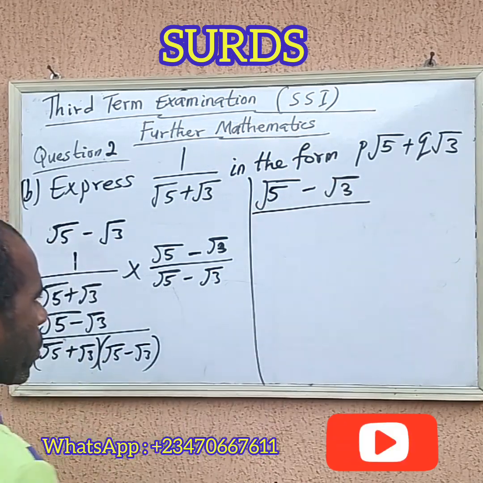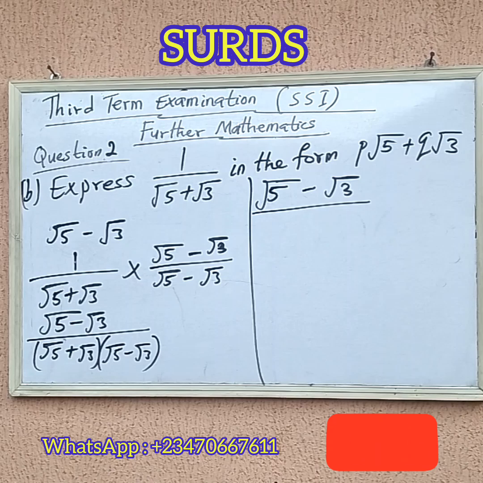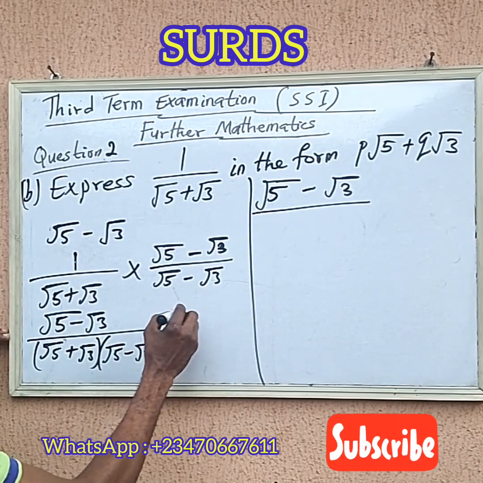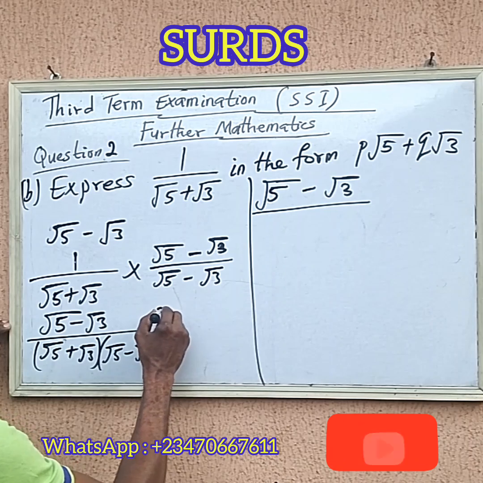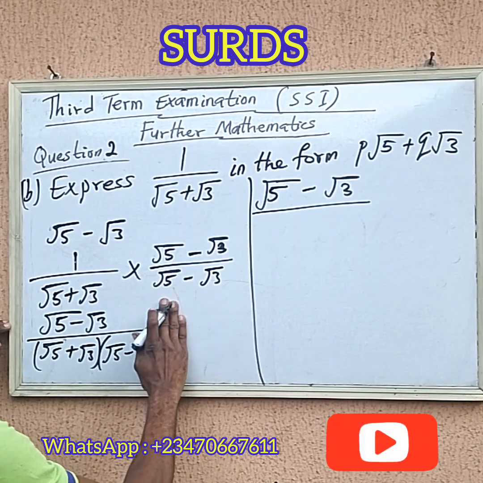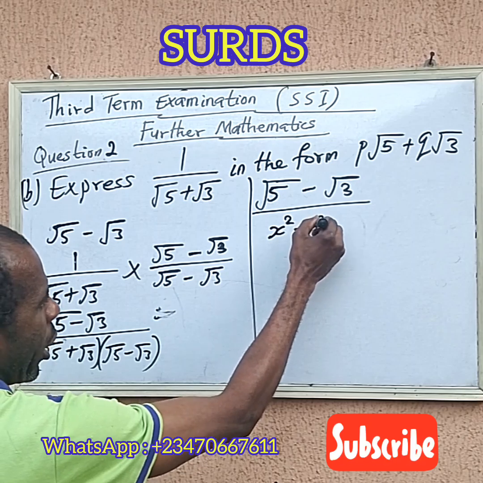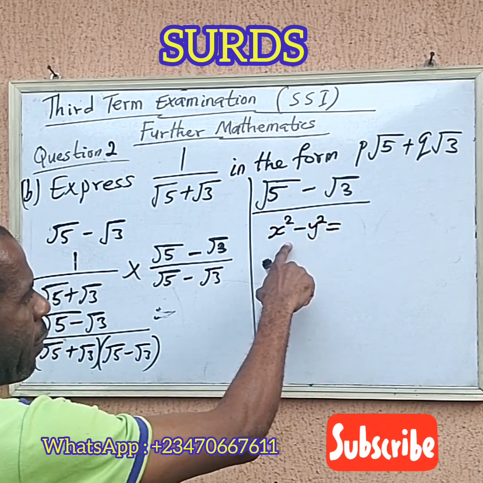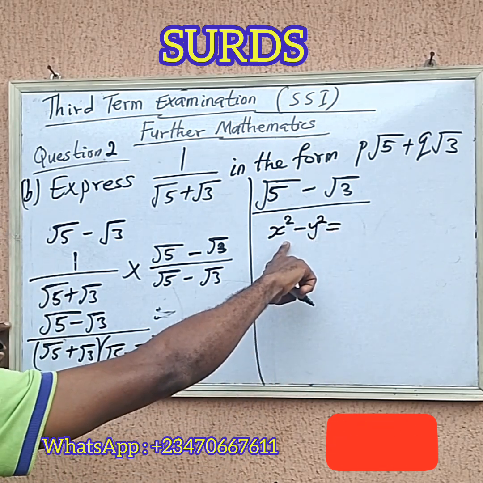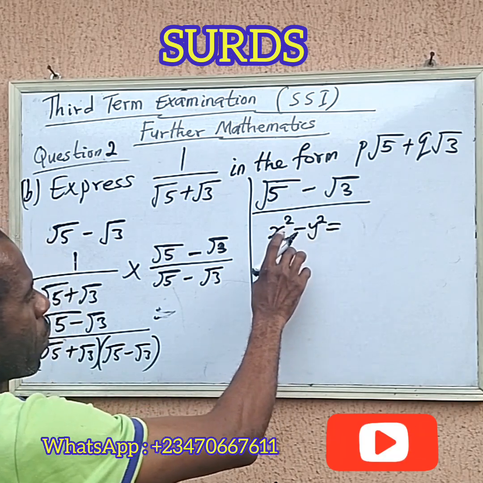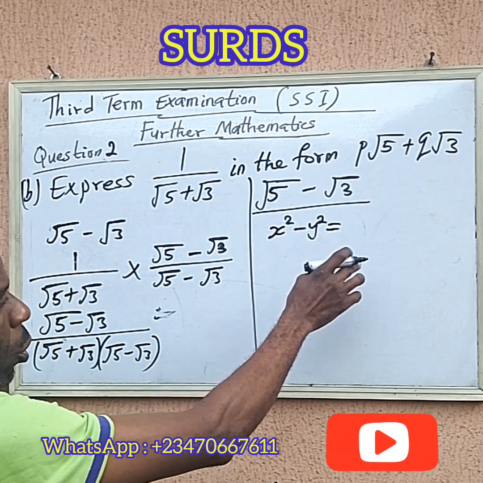Everything all over. Now, let me remind you of something. In algebra or in mathematics, if I have x squared minus y squared, we have an identity for this. This is called the sum of two squares. This is called the difference of two squares.